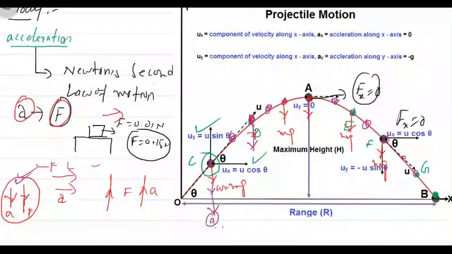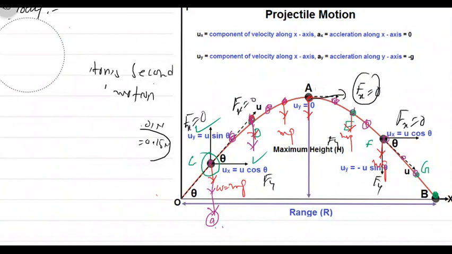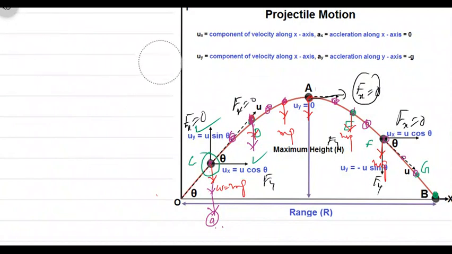Force is only vertical at each point. That's why, on the basis of these discussions, I can say what the acceleration is along the x-axis and what the acceleration is along the y-axis over here in the diagram. So what is the acceleration along the x-axis?